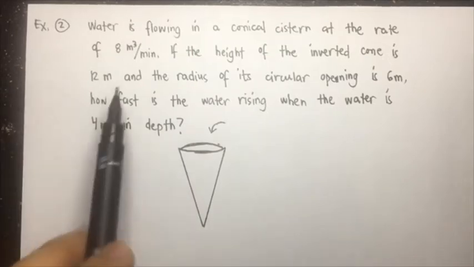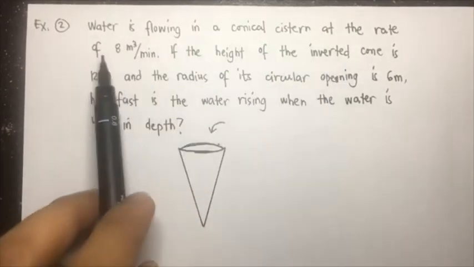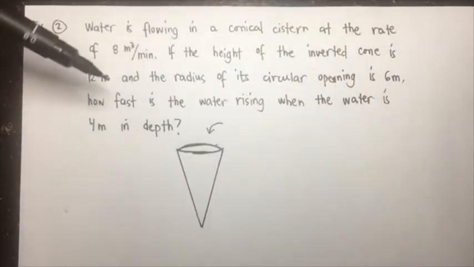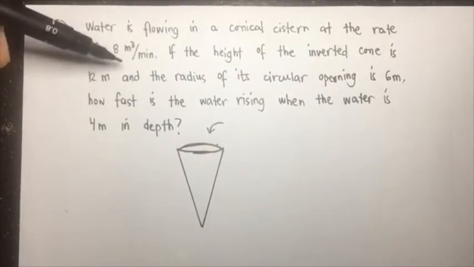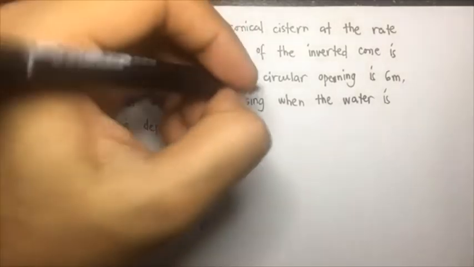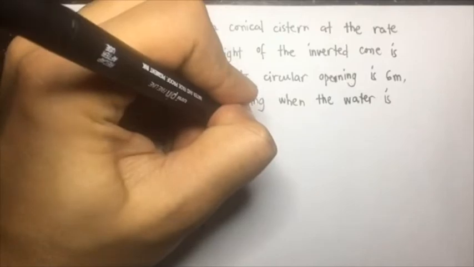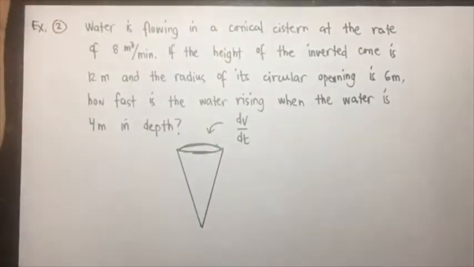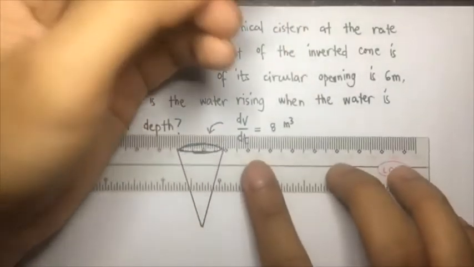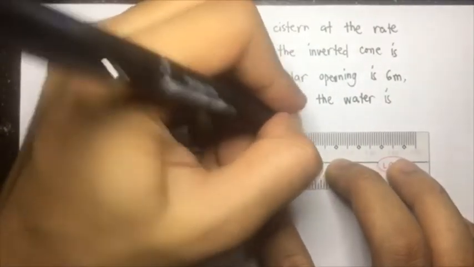The water is flowing at 8 cubic meters per minute. That is a volumetric flow rate, so that is dV over dt. So we have dV over dt of 8 cubic meters per minute.